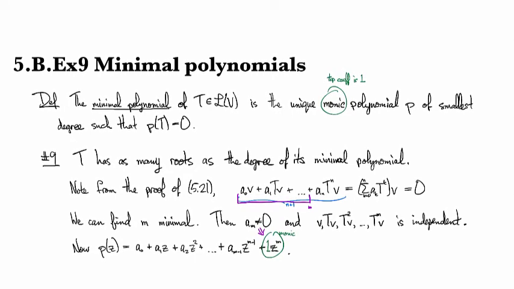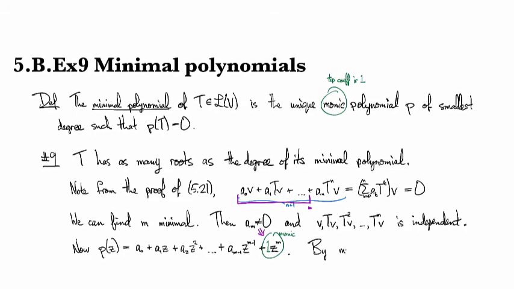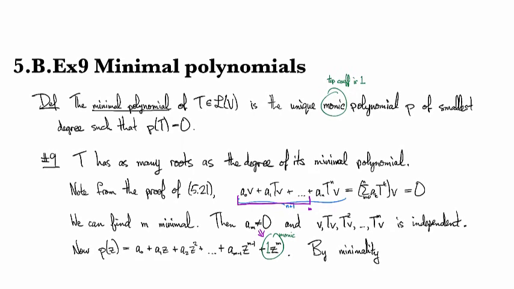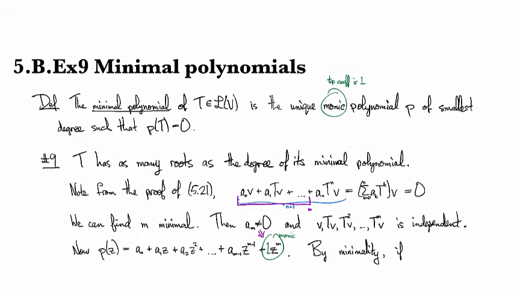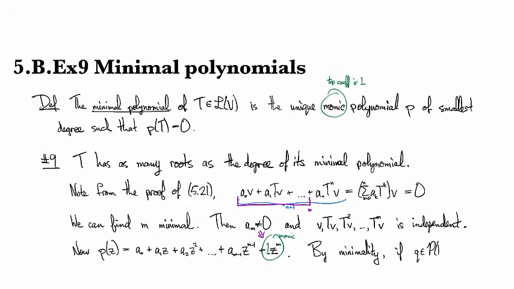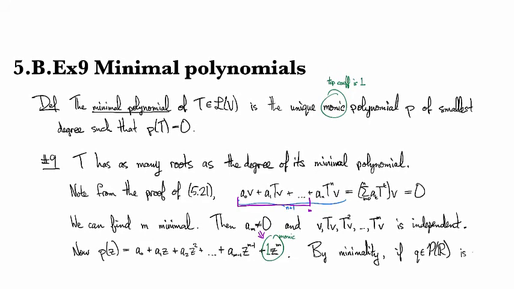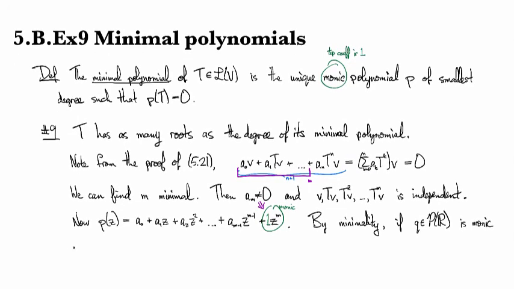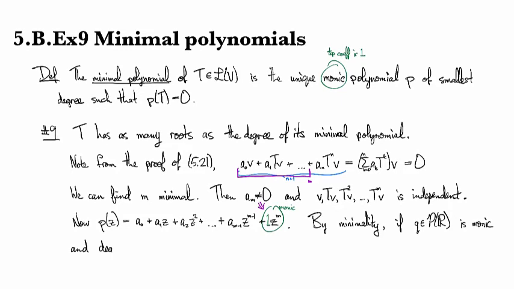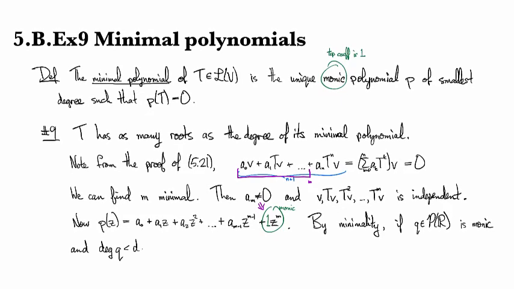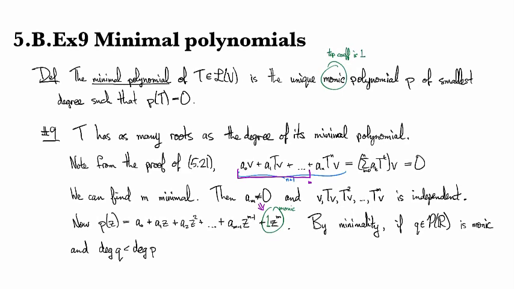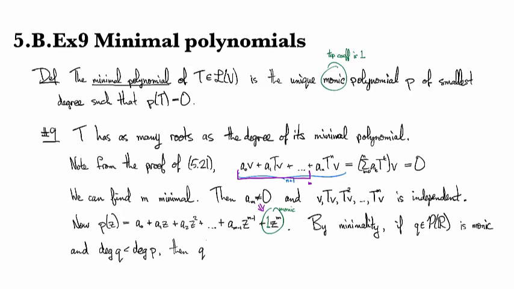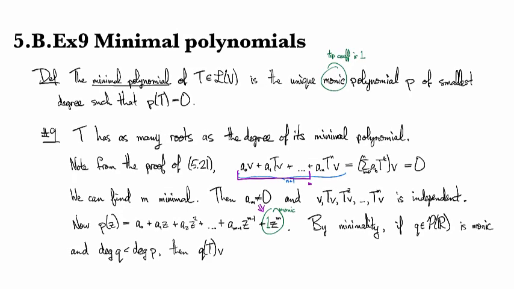Okay, so then by minimality, if q is monic and the degree of q is strictly less than the degree of p, then q(T) will not kill v.